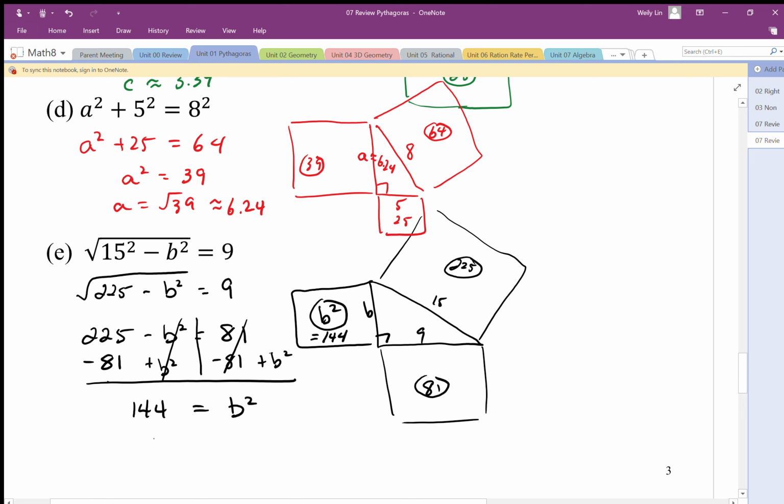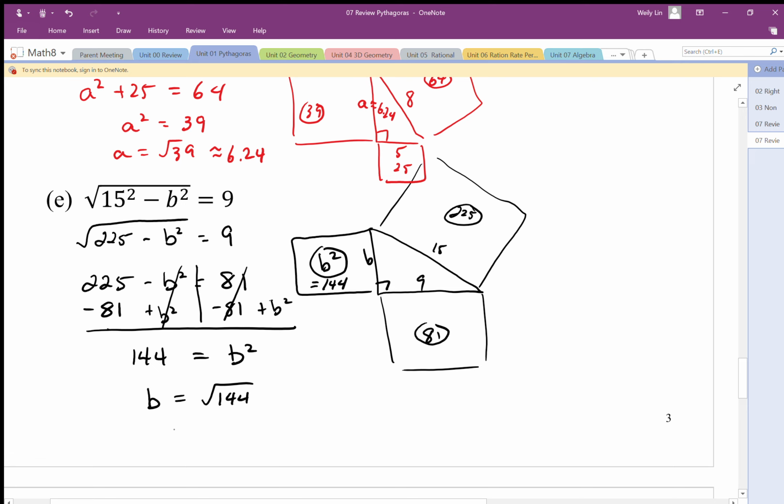So if I want to find out B, I have to square root both sides. I want to go from area to side length, so I'm square rooting. The length of B works out to be 12 units. I think I did the diagram so that the 9 looks longer than 12, but algebraically this is correct.